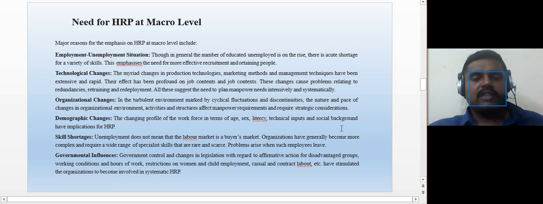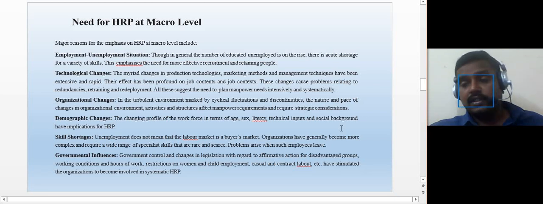And the skill shortages. If there is an unemployment problem, it doesn't mean that the labor market is a buyer's market. Organizations have generally become more complex and require a wide range of specialist skills that are rare and scarce.